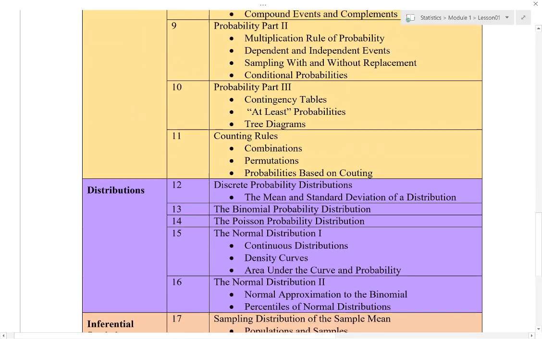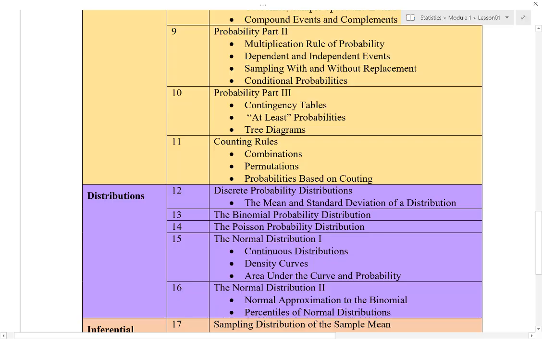Next module after that, lessons 12 through 16, are on distributions. Basically what we're going to be looking at is the intermediate stage between descriptive and inferential statistics. A distribution basically means how are data points spread out?